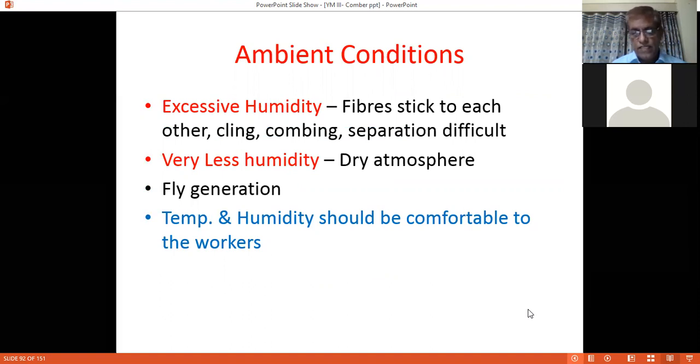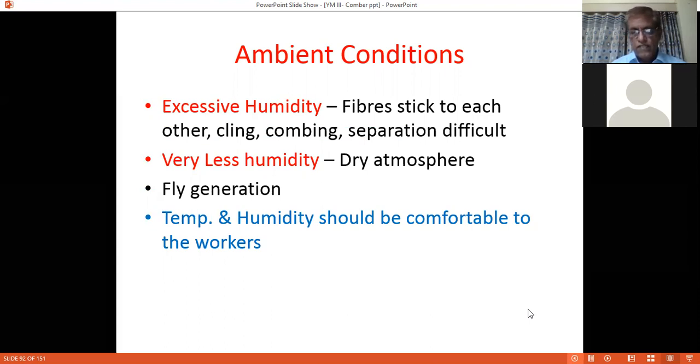In general, we can say that temperature and humidity should be kept in such a way that it is comfortable to the workers. Whenever we enter the department, whether it is a comber or any other, we instantly judge the temperature and humidity, and it is a general rule that if it is not comfortable for us, then this is not good for the combed material also.